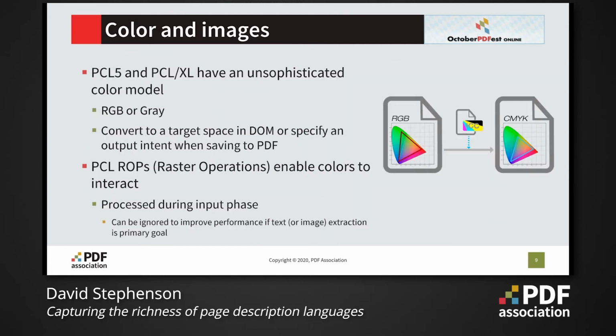The other thing that PostScript and PDF offer, of course, is much superior color capability than your typical PDL. For PostScript and PDF, our DOM supports ICC-based color spaces and profiles processed by a built-in CMM for accurate color conversion and rendering.